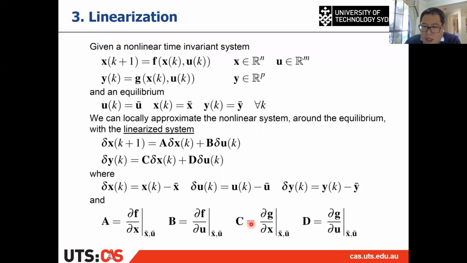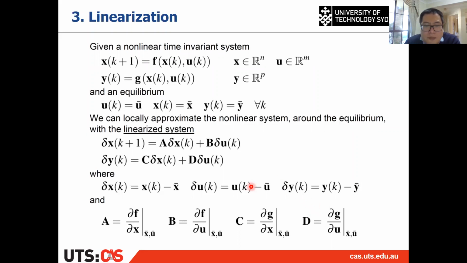Matrix C is the partial derivative of the function g with respect to the state x, also evaluated at the equilibrium point. And matrix D is the partial derivative of g with respect to the control u, also evaluated at the equilibrium point. I will give an example a little bit later.